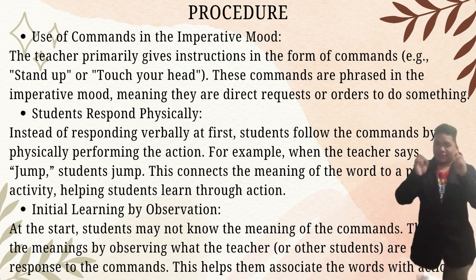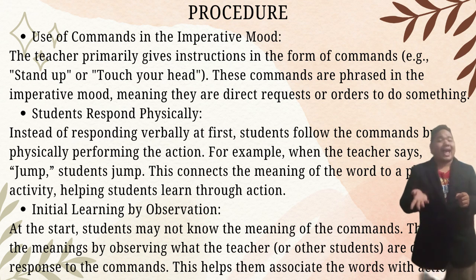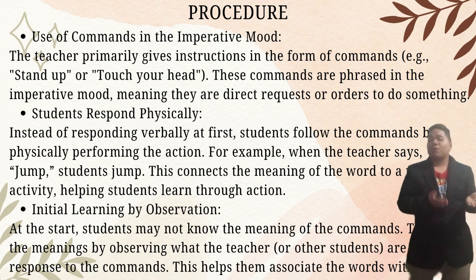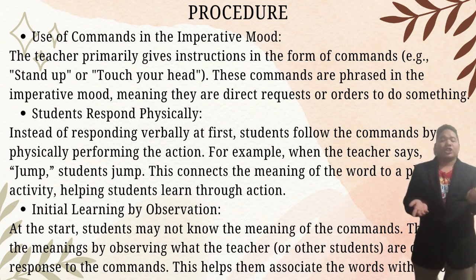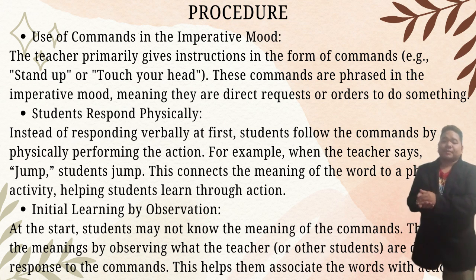Learning by observation. At the start, students may not know the meaning of the commands. They learn the meaning by observing what the teacher or the other students are doing in response to the command. It helps them associate the words with actions.